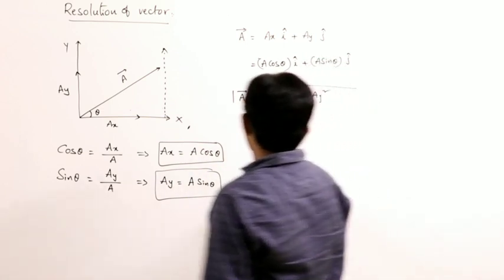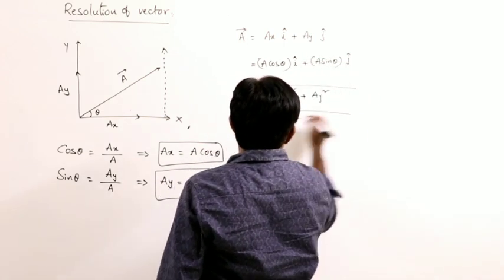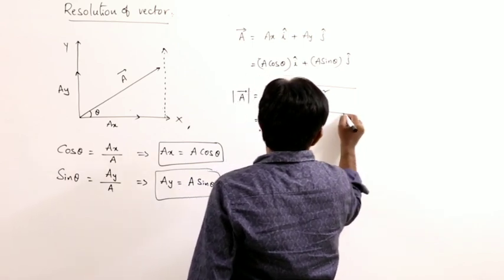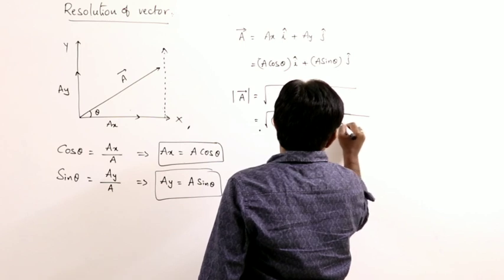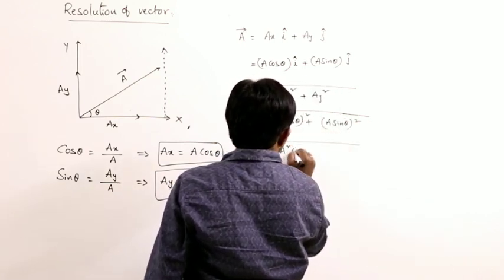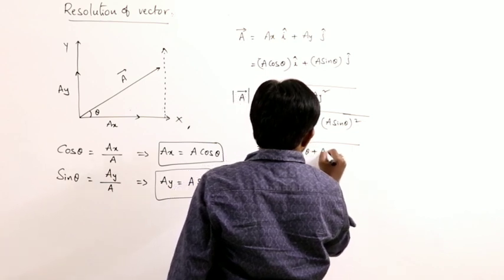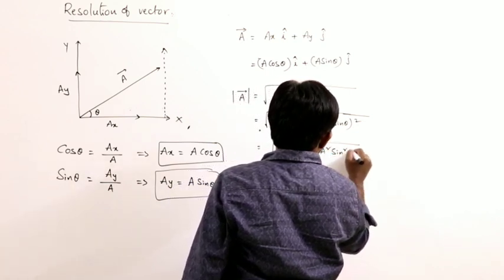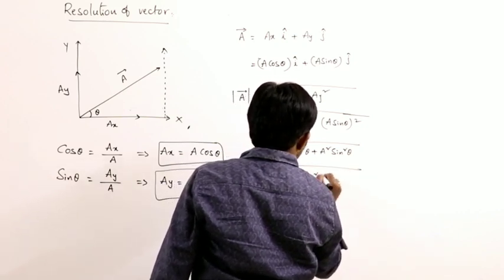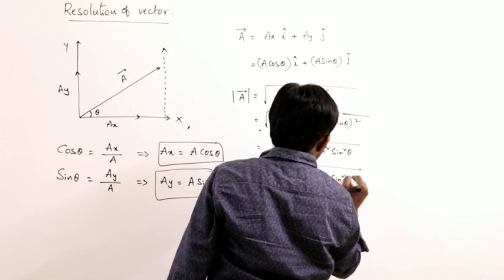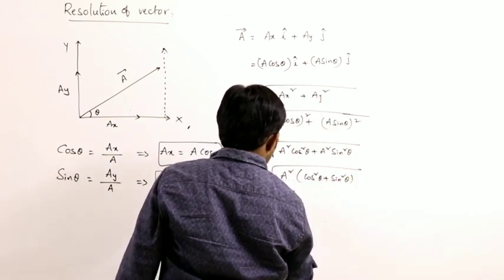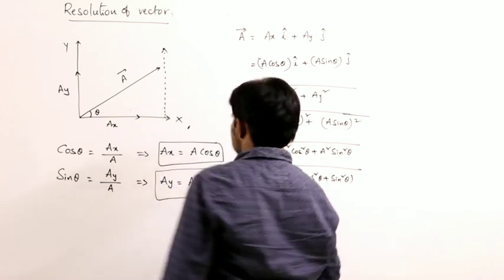So that is a cos theta whole square plus a sin theta whole square, which is a square cos square theta plus a square sin square theta. Under root, a square common, cos square theta plus sin square theta, and cos square theta plus sin square theta is 1.